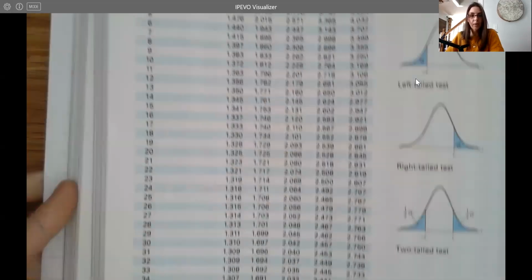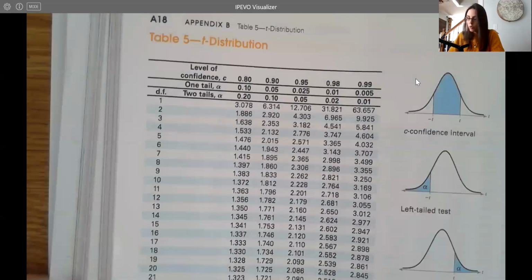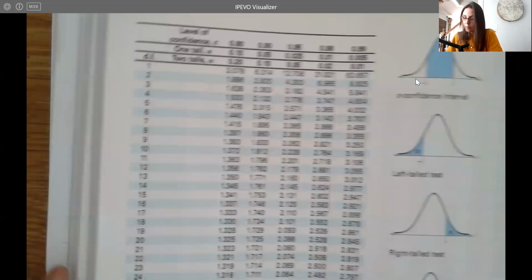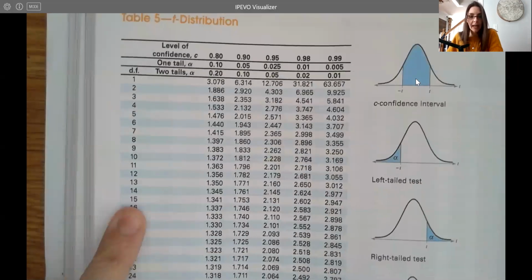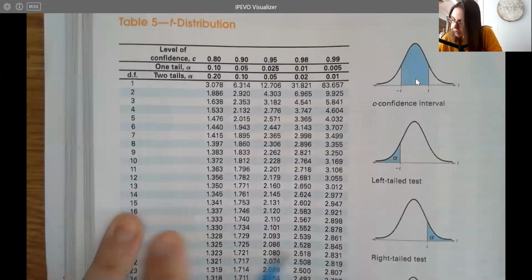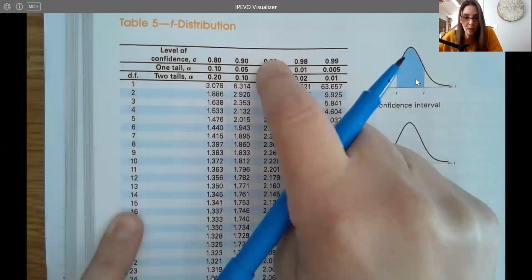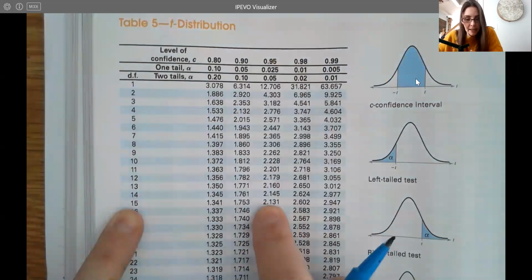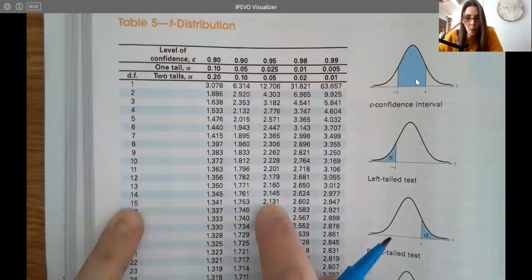Here's my table for the t-distribution, and we said our degrees of freedom was 15, and we're doing 95% confidence. So there's my 95%. I'm going down to 15 here, and I see 2.131. So that's going to be my critical t-value.